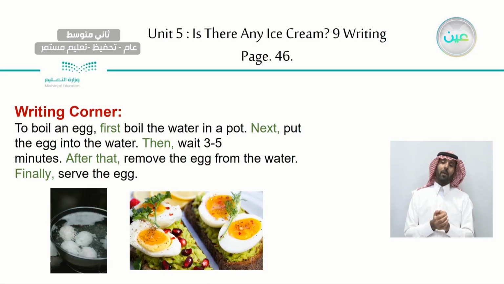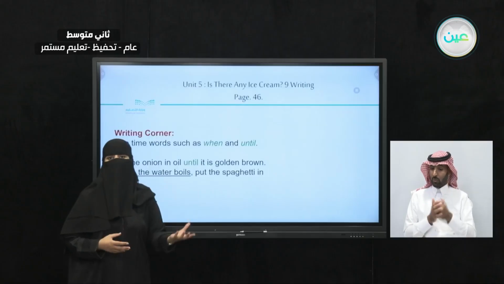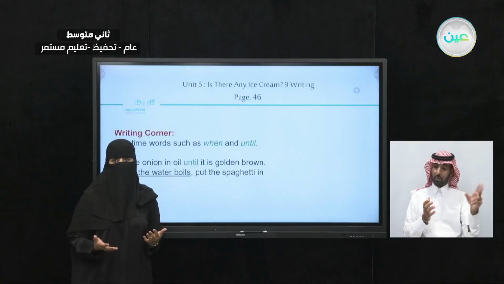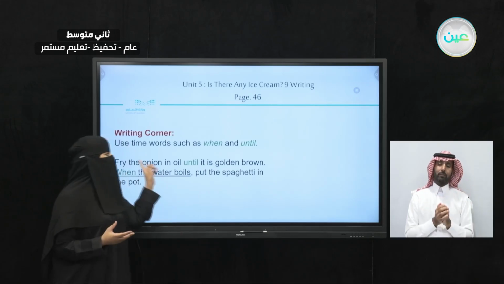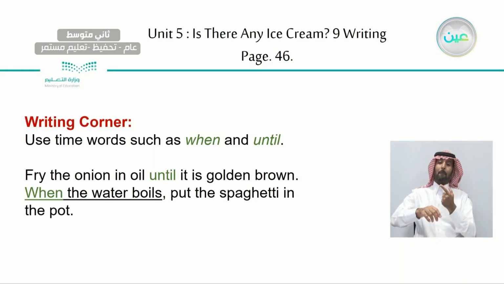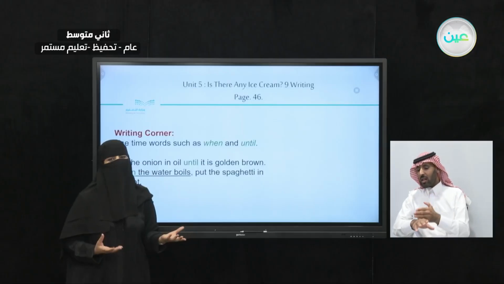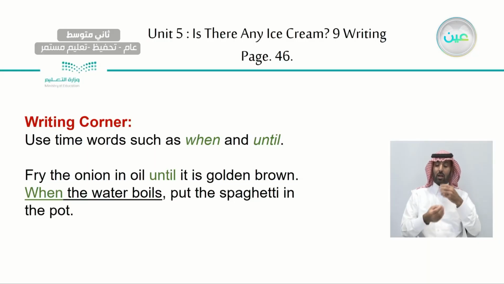Now, let's take a look here. So actually, we can use other words to show the steps. Not only first, next, there's another way. Use time words such as when and until. But how can we use when and until here? Fry the onion in oil until it's golden brown.